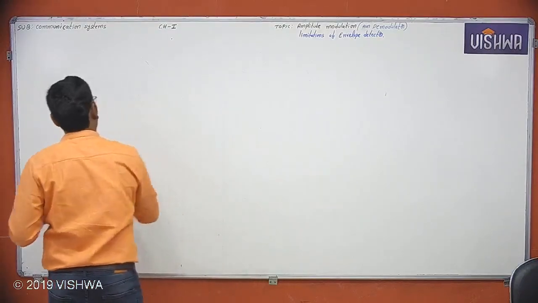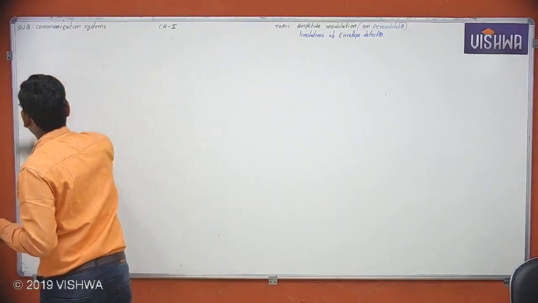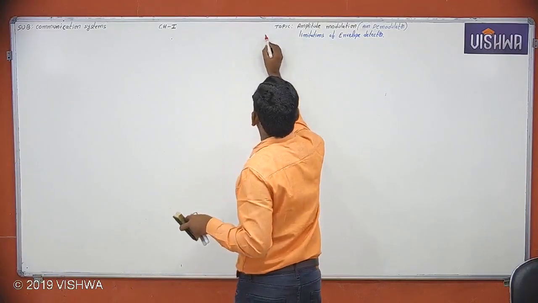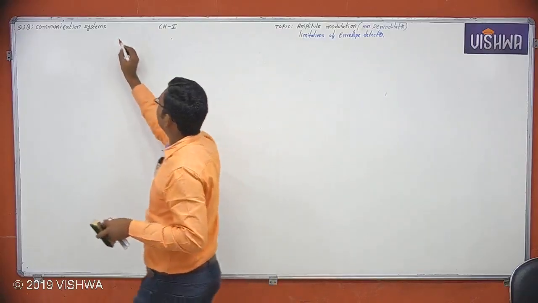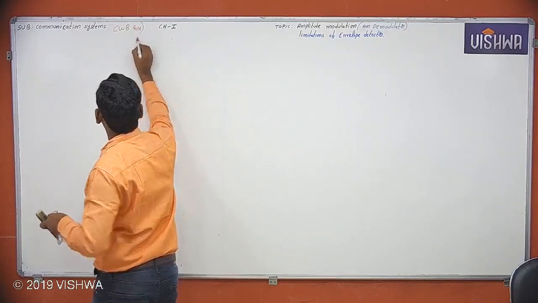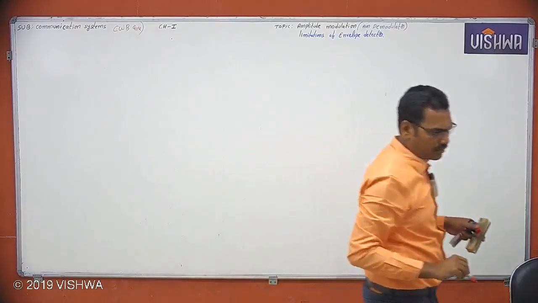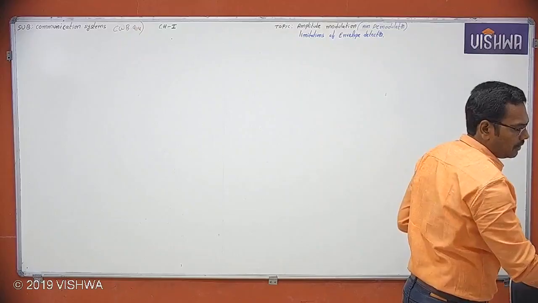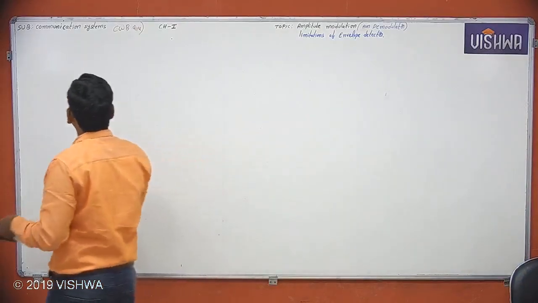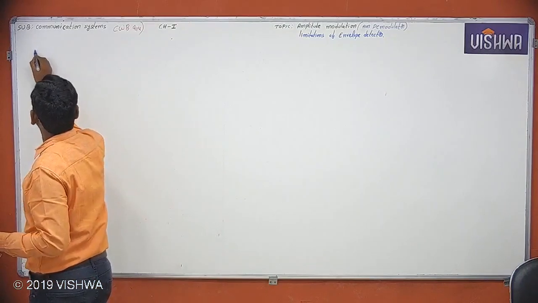Now based on this envelope detector, one question is there in our classroom workbook, question number 14. Consider a system as shown in the figure below.